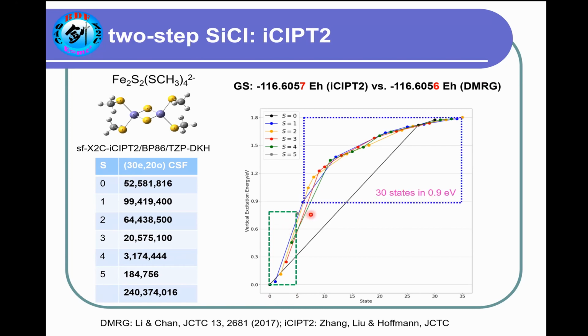But the next 30 states are scattered in less than 1 electron volt. That means the average separation between these states is only 0.03 electron volt. So I don't believe the determinant-based approaches can really handle this kind of complicated spin structure.